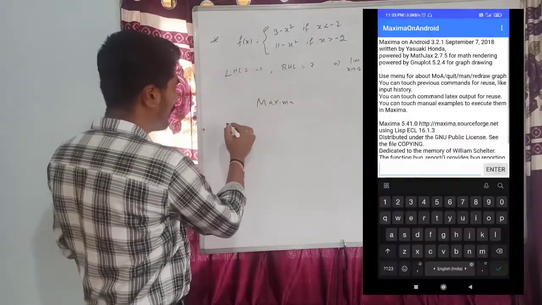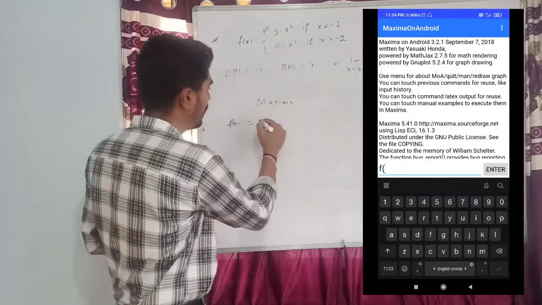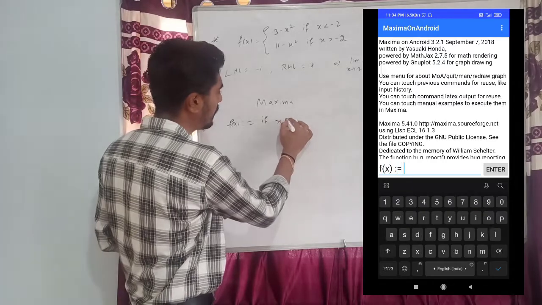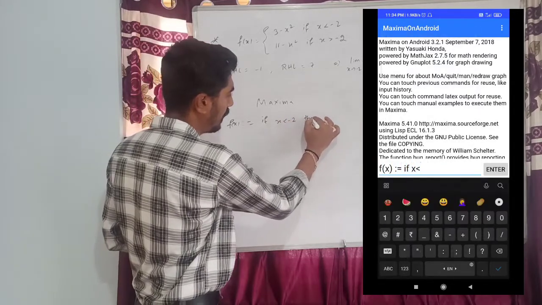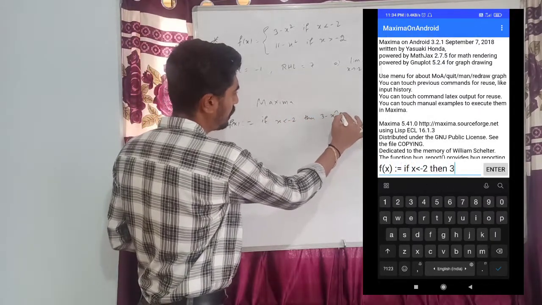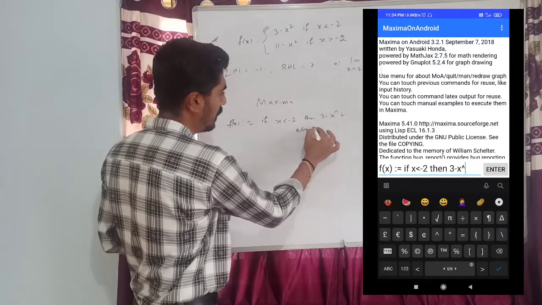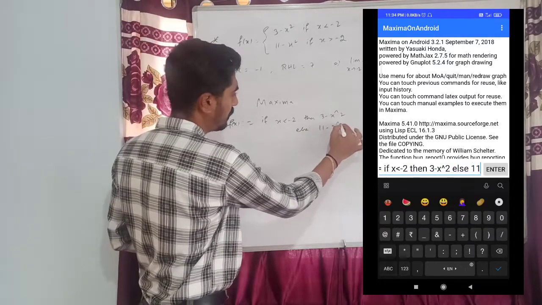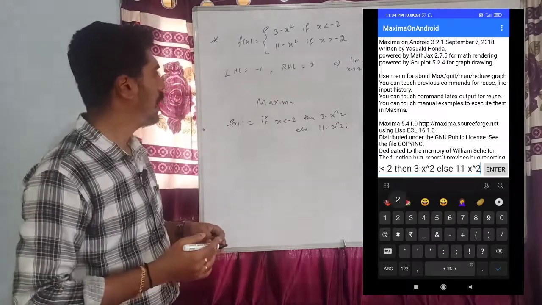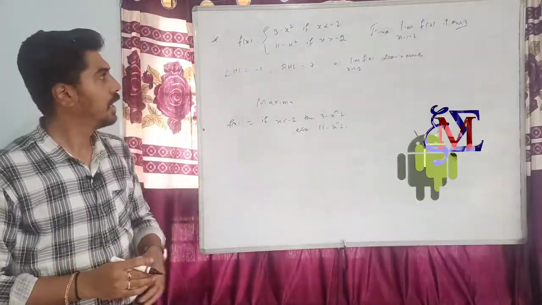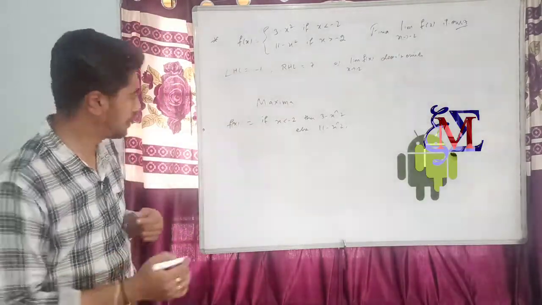To define this function, I define f of x colon equal if x is less than minus 2, then 3 minus x square, else 11 minus x square. Now let us plot this function in an interval which contains minus 2.